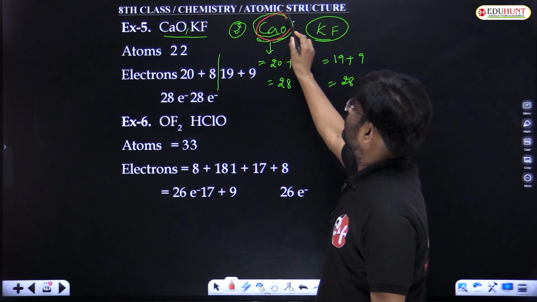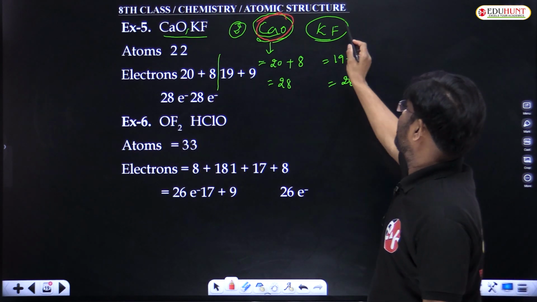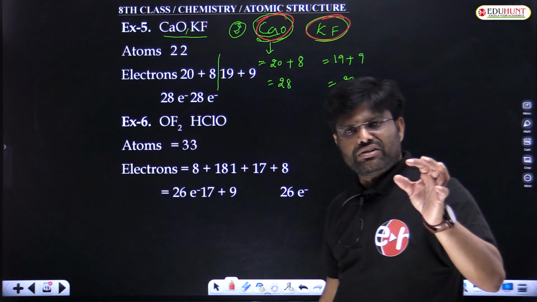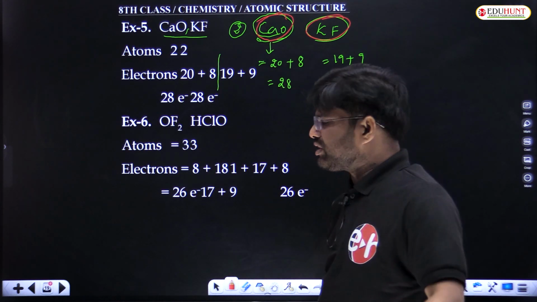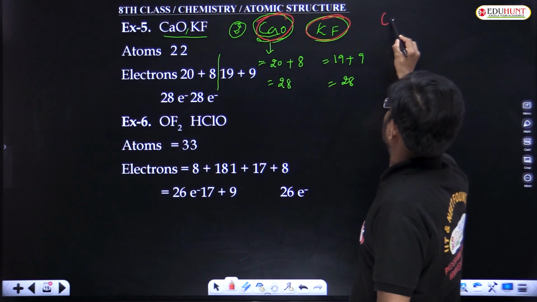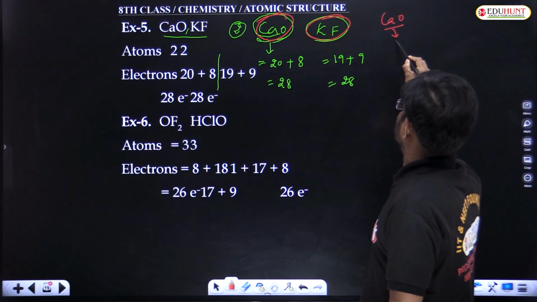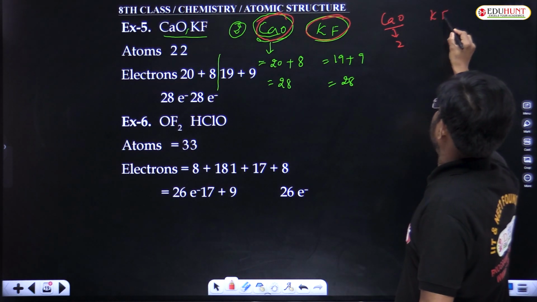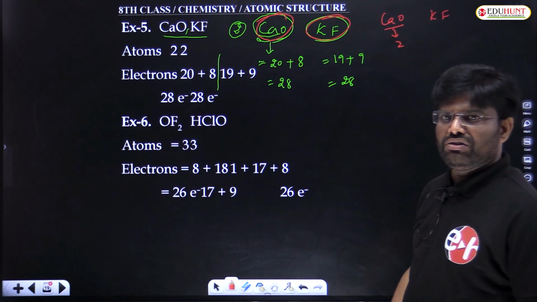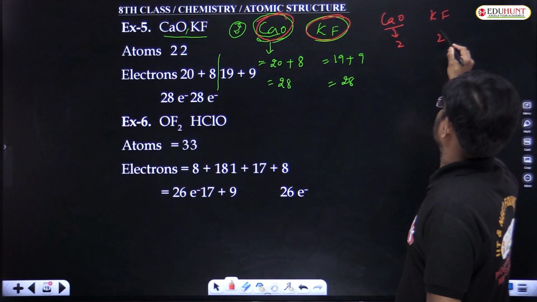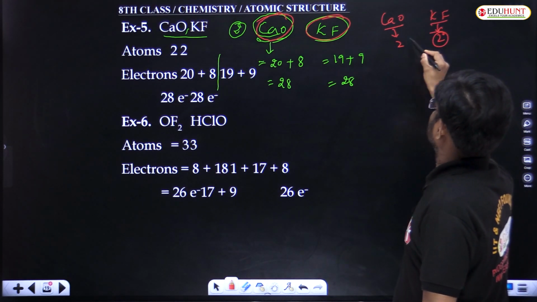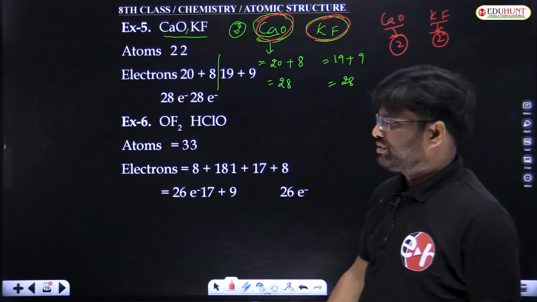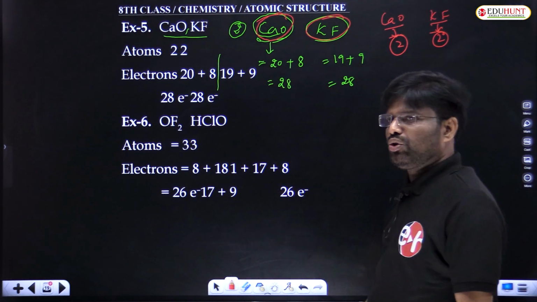In calcium oxide and in KF, the number of electrons is the same and the atoms are also the same. CaO has 2 atoms, calcium 1, oxygen 1. KF has 2 atoms, potassium 1, fluorine 1. So the number of atoms is the same and the number of electrons is also the same. That is called isosters.